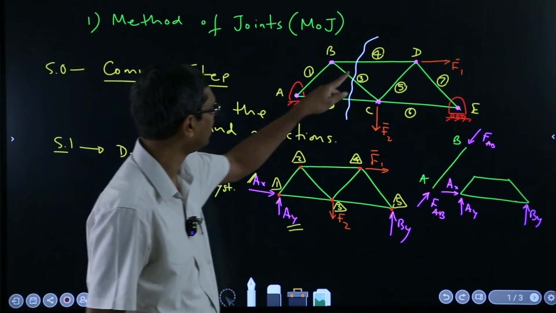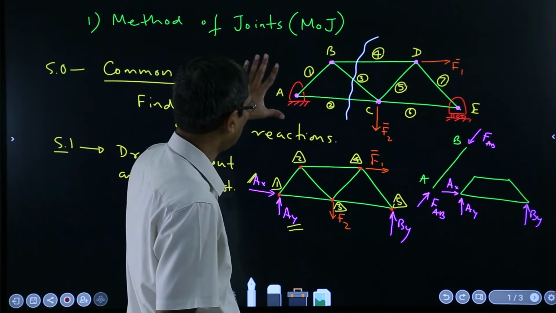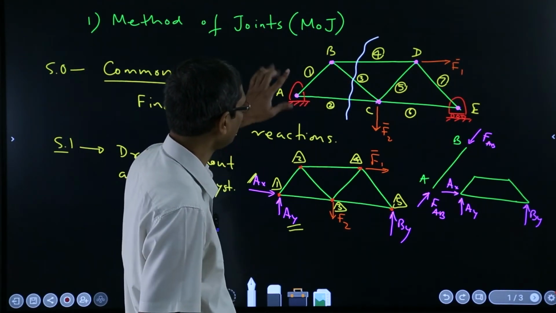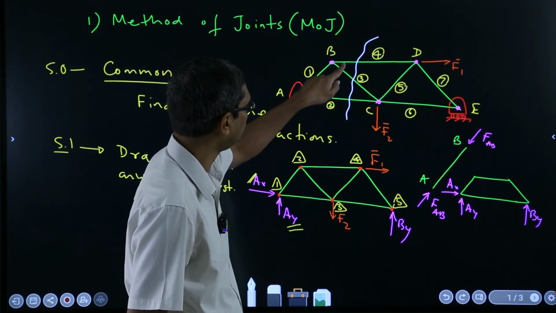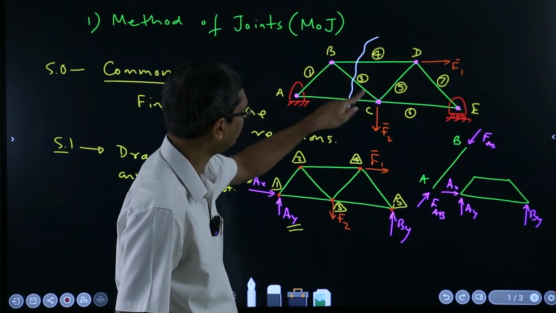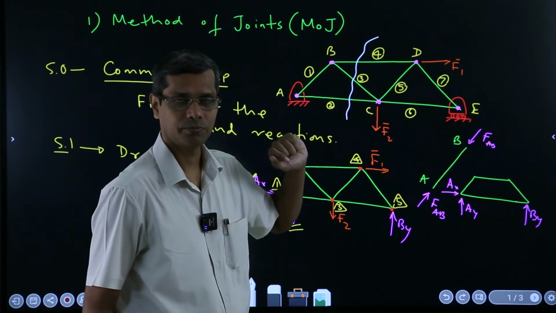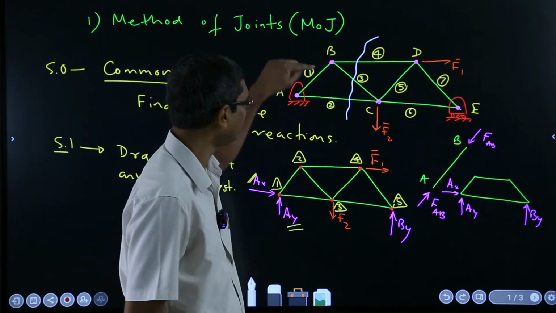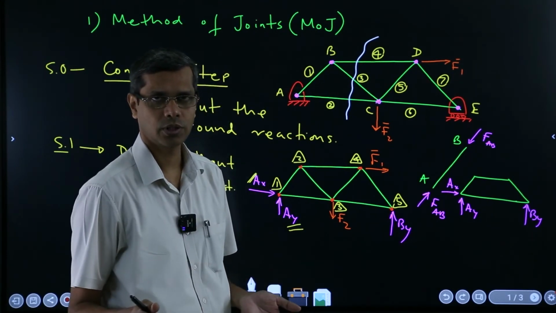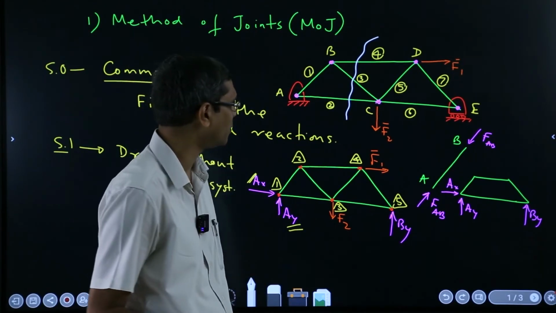For example, here if I cut and then if I take these things away, so I will expose the force FBD, FBC and FAC. Okay. Now this FAB will be an internal force to that, and we do not have to bother about that.